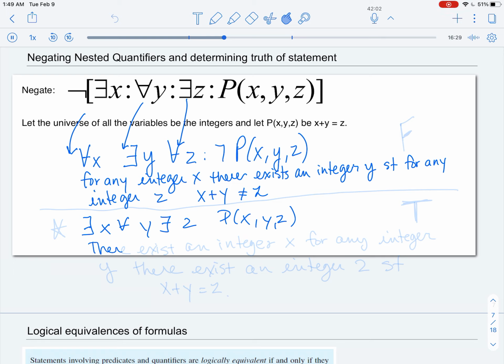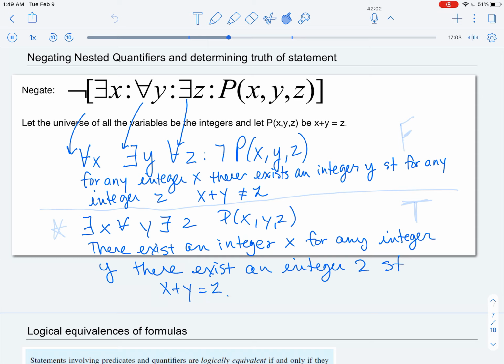There exists an integer x such that for any integer y, there exists an integer z such that x plus y equals z.